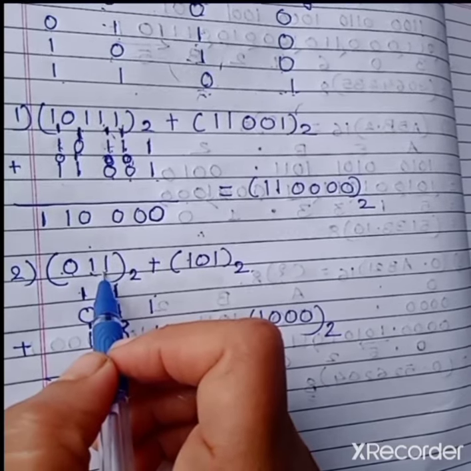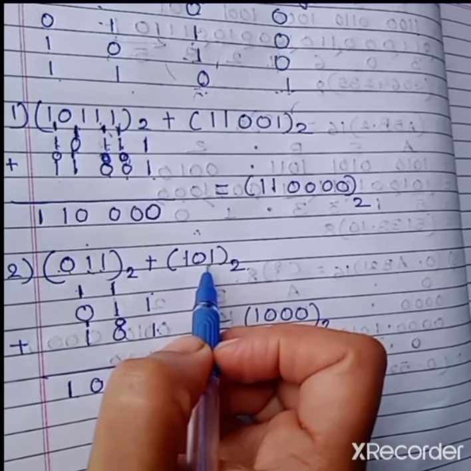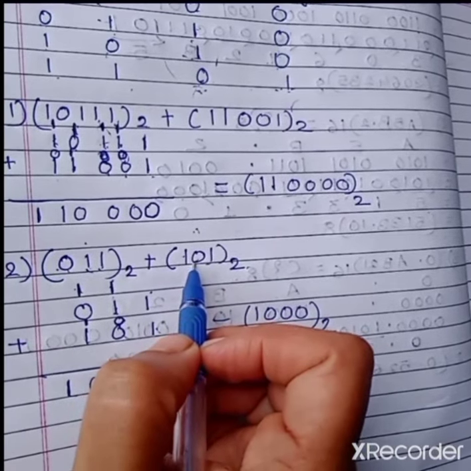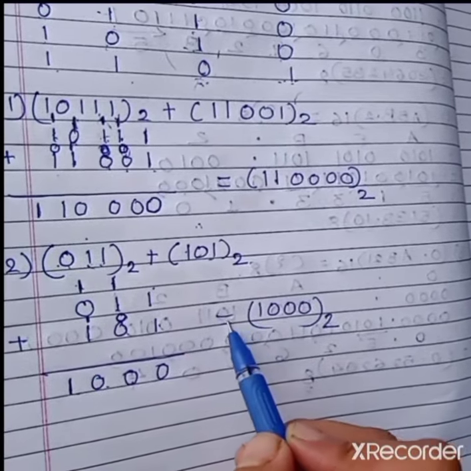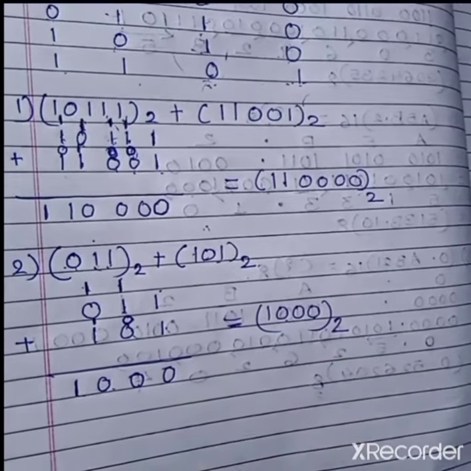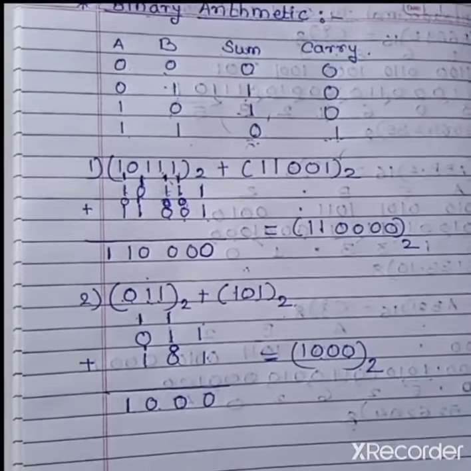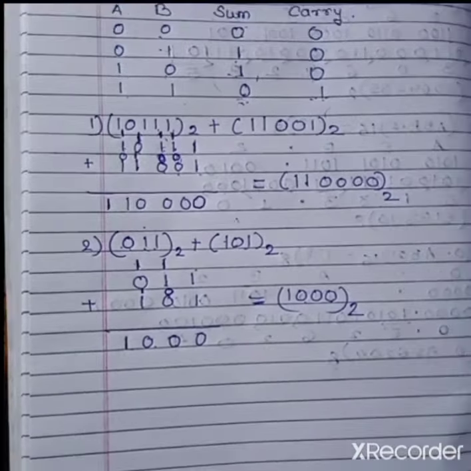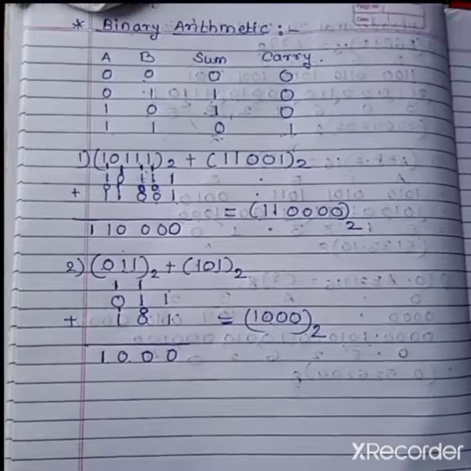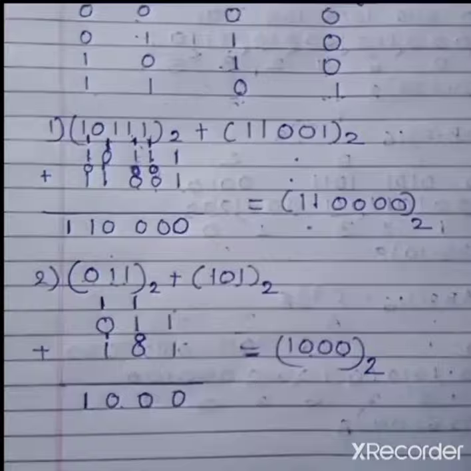So 011 is your decimal 3, and 101 is your decimal 5. So 5 plus 3, 8, right? Now this is the answer and this is equivalent to decimal 8, means your answer is correct, means you are following the rules properly, so that your answer is correct in decimal also.